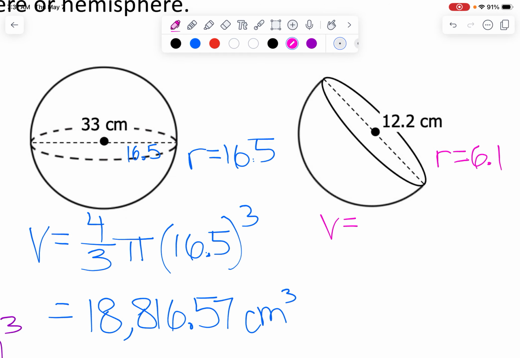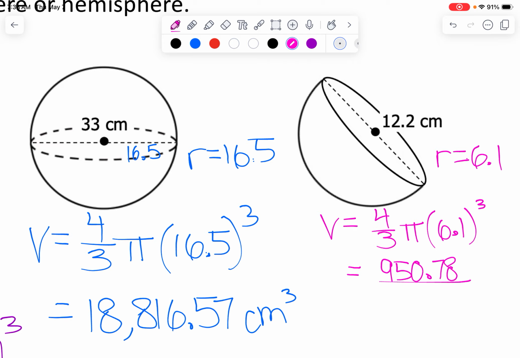Okay, so let's just start by doing this. So you're just going to type that into your calculator. Let me just do that here. Okay, and you get about 950.78.